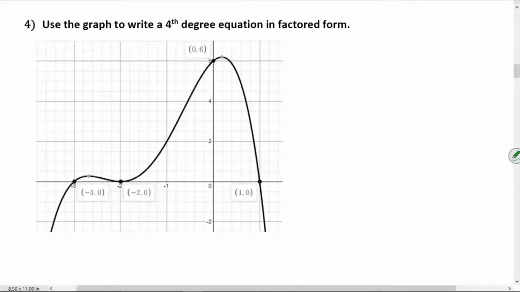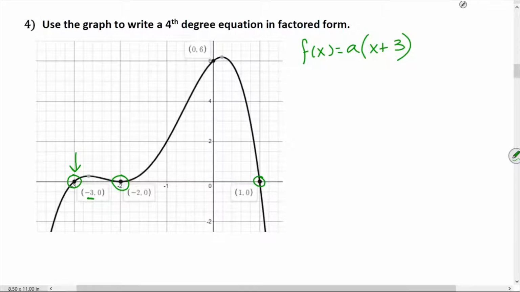Our first step is to use the x-intercepts and the multiplicities to find some factors of this graph. I'll start with f of x is equal to some leading coefficient. We'll come back to that later. Reading off these, I know that to get -3 as a root, or a zero, or an x-intercept, x plus 3 must be a factor.